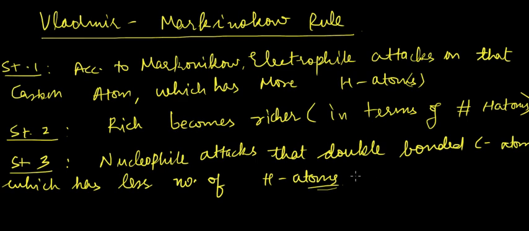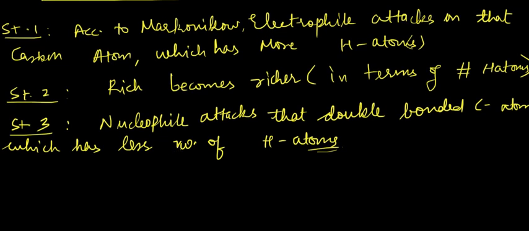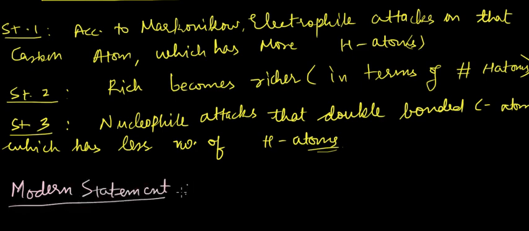Okay, so we conclude with the modern statement which is, electrophile attacks that double bonded carbon which forms stable intermediary cation.